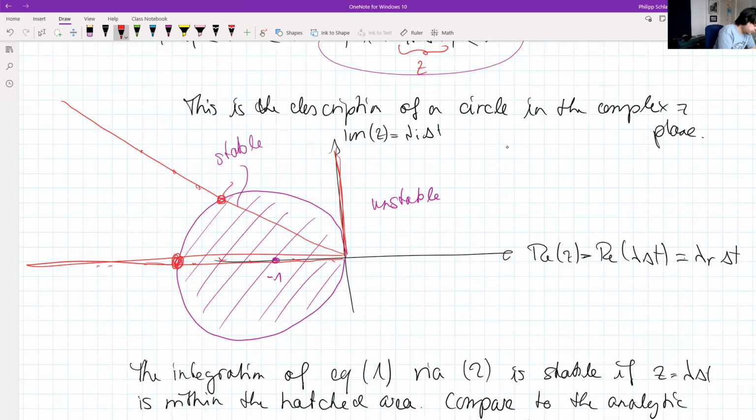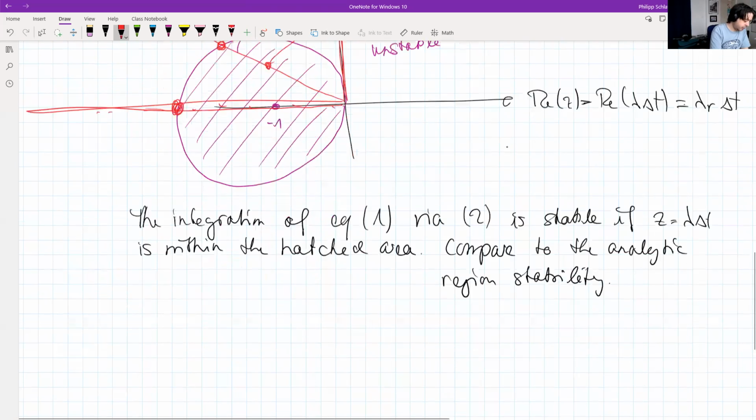So this would be lambda times delta t maximum. This point would be lambda times delta t with delta t larger than delta t maximum. And inside here, you would be at lambda times delta t with delta t lower than delta t maximum. So that's the idea of how to understand this plot.